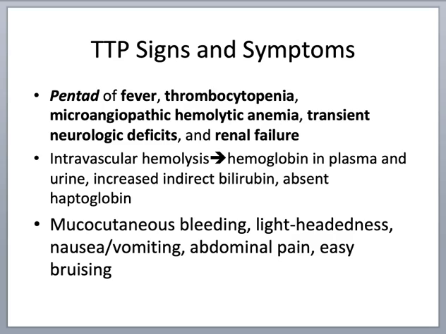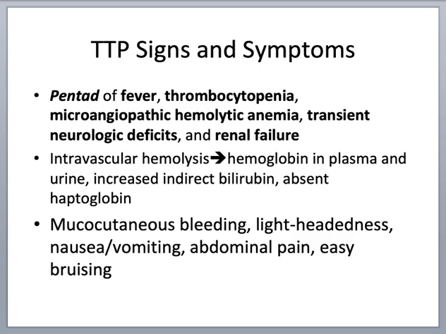There's a classic high-yield pentad of signs and symptoms that are associated with TTP, and this is a must-know factoid, I guess. These patients classically present with fever, thrombocytopenia, microangiopathic hemolytic anemia, transient neurologic defects, and renal failure.